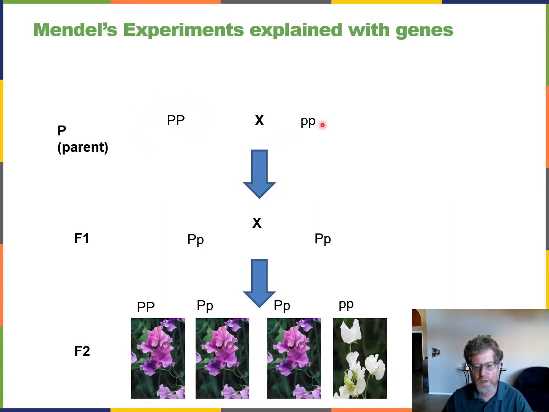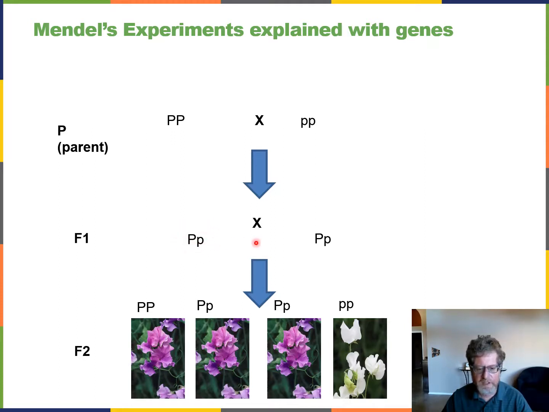The true breeding white parents had two copies of the white gene. And when meiosis happened, only one little p got passed along in the egg. Only one little p got passed along in the sperm. And all the offspring have a purple form of the gene and a white form of the gene.